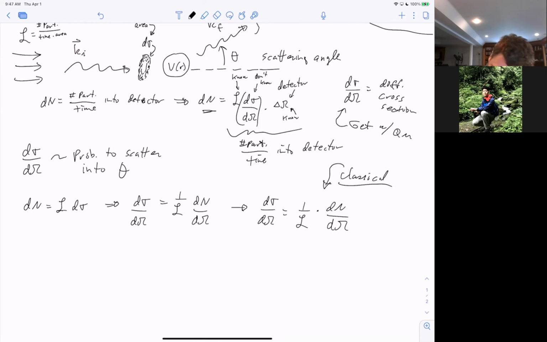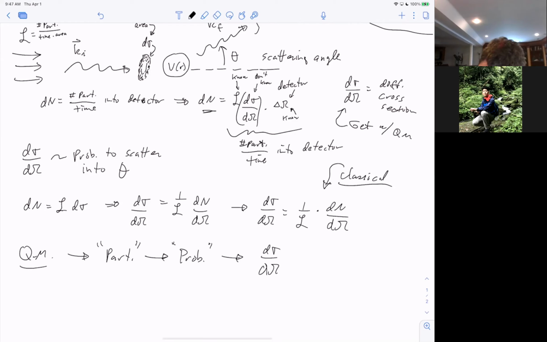But then to get to quantum mechanics, all we do is replace particles with probability. And so then this tells us that d sigma d omega is equal to, the luminosity now turns into probability flux, and that dN on the top turns into dR d omega, where this is the probability per time that flows into the detector.